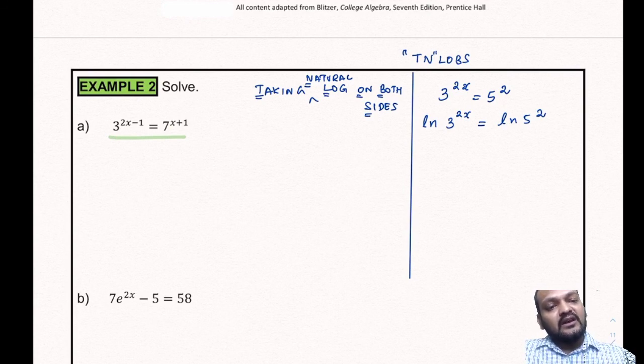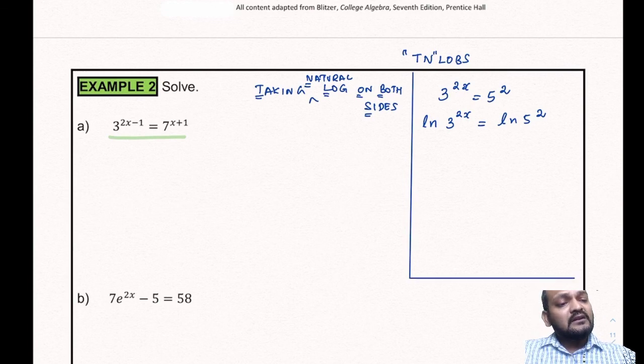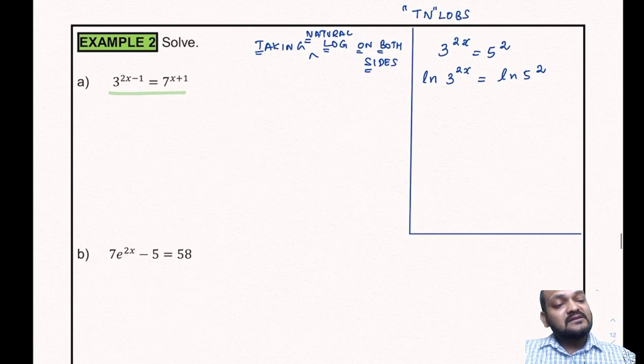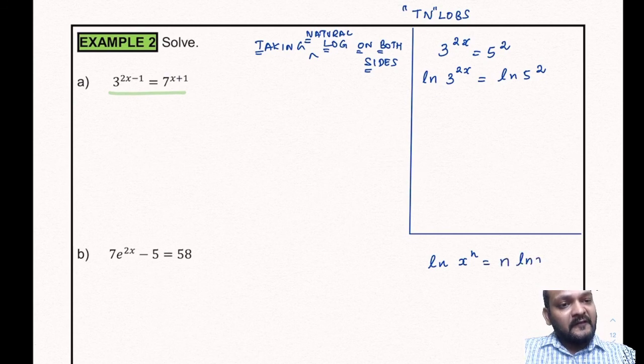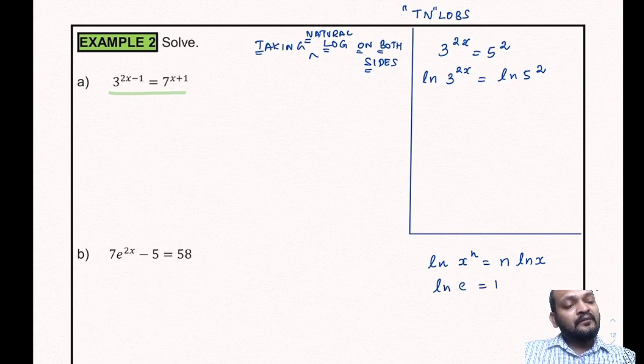So if I recollect some of them for you, let's recollect some of the formulas that we learned last time. Ln of x to the n equals n times ln of x. And ln of e is equal to 1, and ln of e to the n would be equal to n.